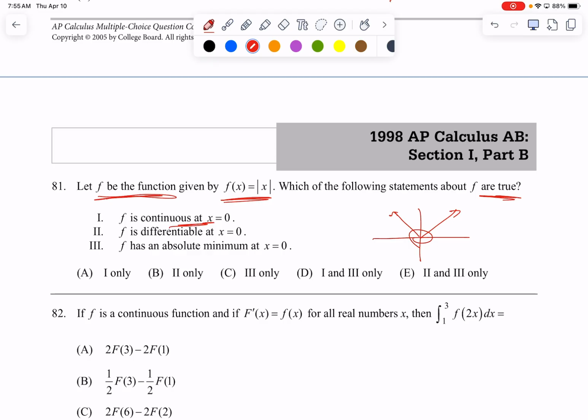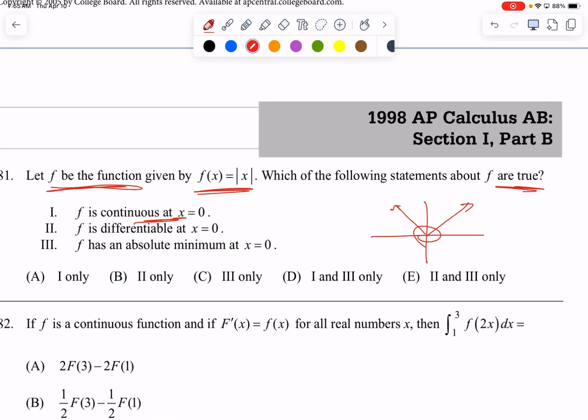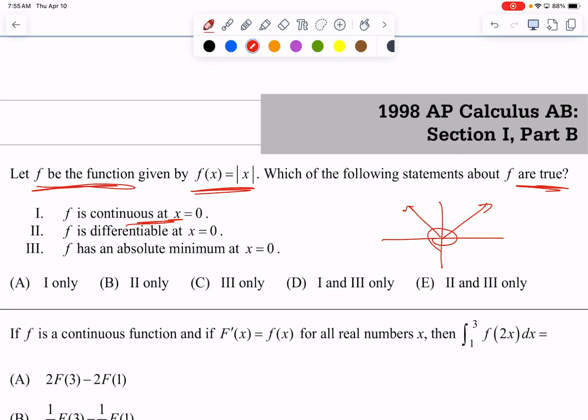Does the limit exist? Yes. Is the function defined? Yep, f of 0 is 0. And the limit value equals the function value. It's not differentiable, so that is out, because of the corner. Does it have an absolute min? Yeah. So 1 and 3, D. No calculator was necessary for that problem.